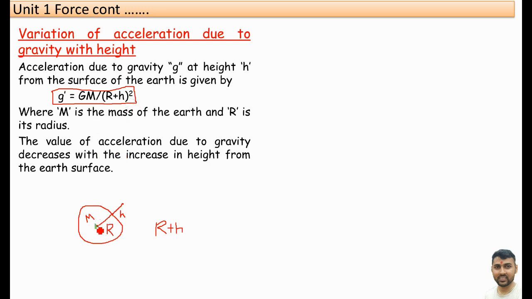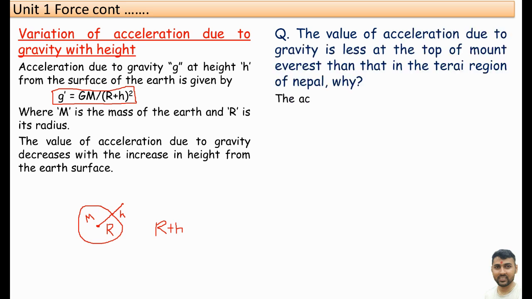At that condition, g' is equal to GM by (R plus h) whole square, where M is the mass of the earth, R is the radius of the earth, and h is the height, or the distance between the substance and the surface of the earth.